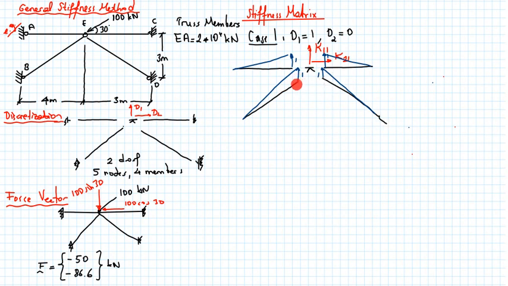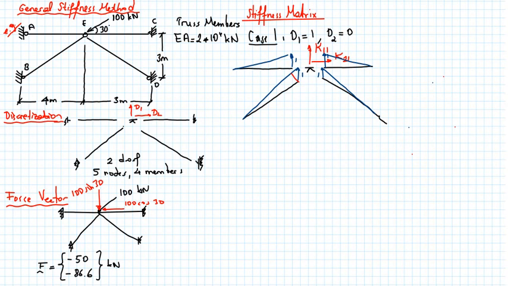It moves in the upward direction, but the element axis is like that. So I have to figure out how much elongation I get if this point moves 1 in the positive y direction. So in order to determine that, let's draw a figure here. What I'm interested in is, this is the transverse translation.